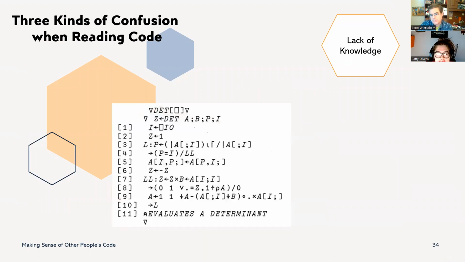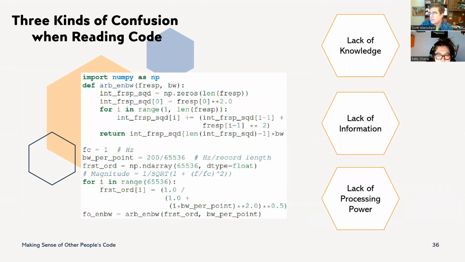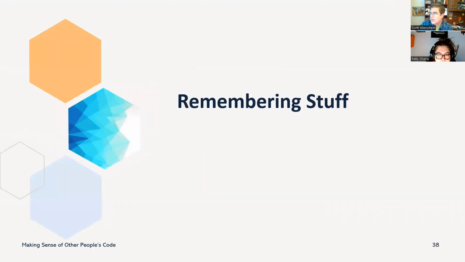And so we can use this information to help us understand things more quickly. All of this is basically ways to remember stuff. I think this is where we stopped last time.